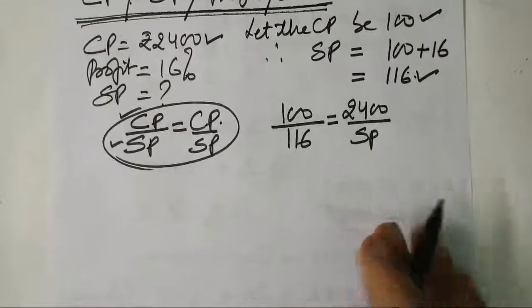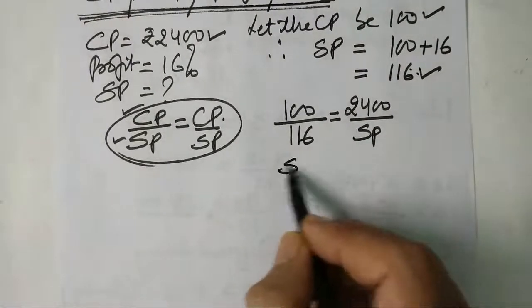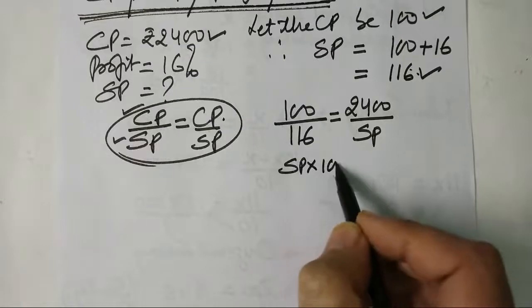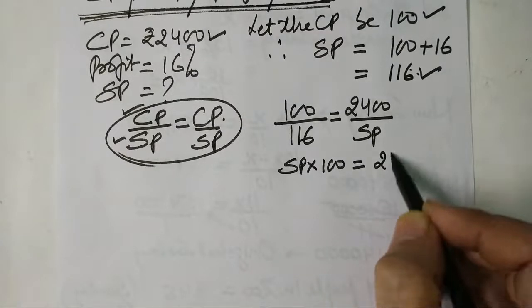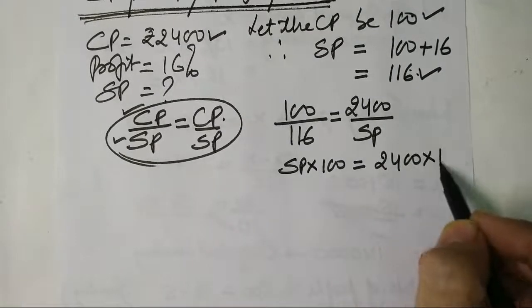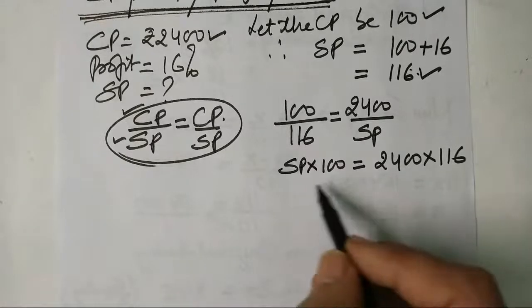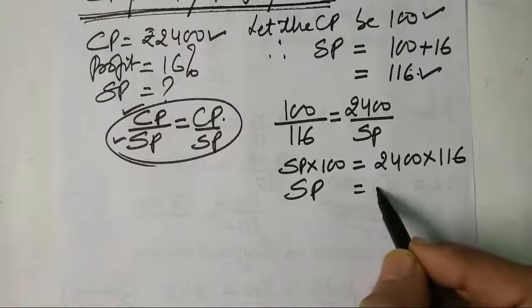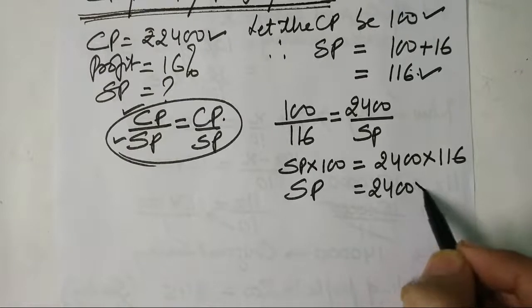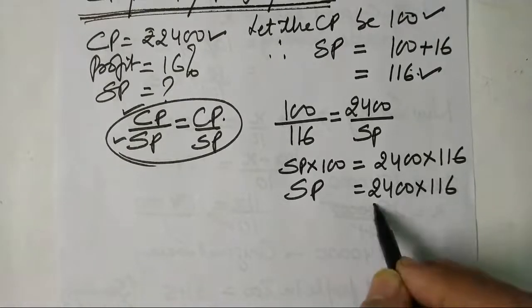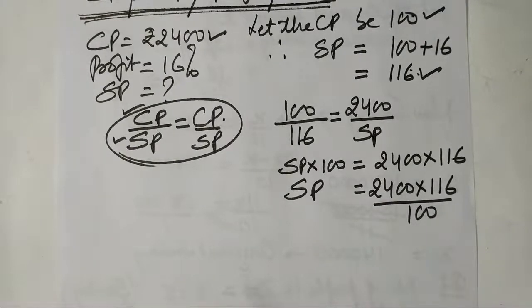Now you just have to cross multiply and you will get the answer. So what will you get? You will multiply, SP into 100 is equal to 2400 into 116. So SP will become 2400 into 116 upon 100.